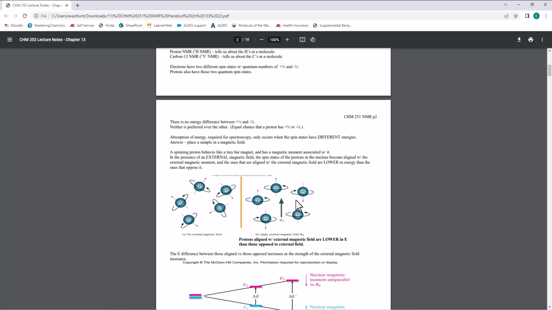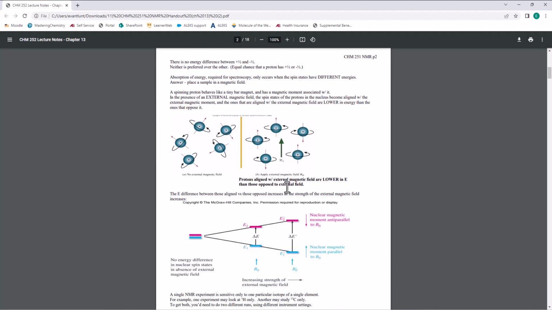But when we apply an external magnetic field in a direction, we get all of the magnetic spins lining up in a sample or in a molecule. And then if we take that magnetic field off, we will see these spin states of the individual atoms start to relax to what their original state was.